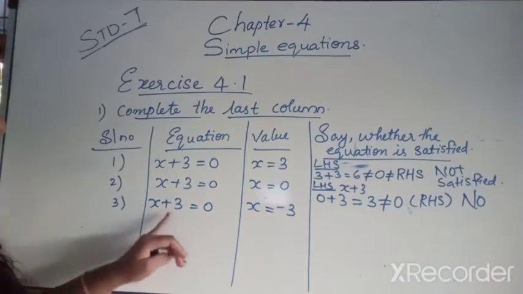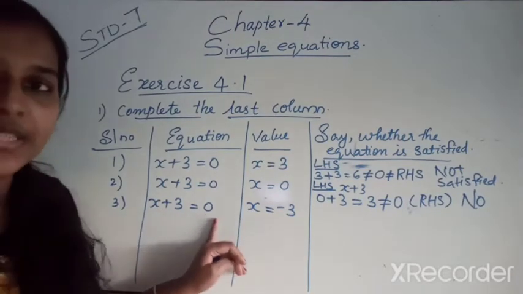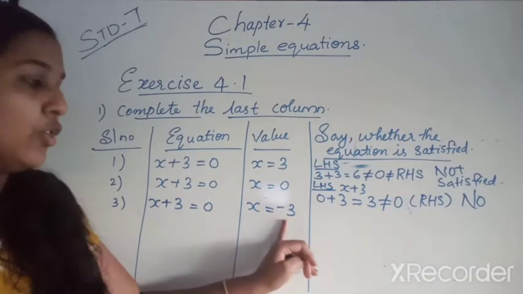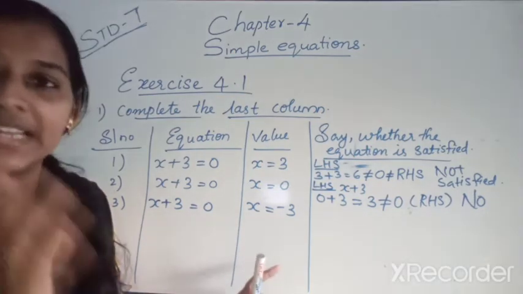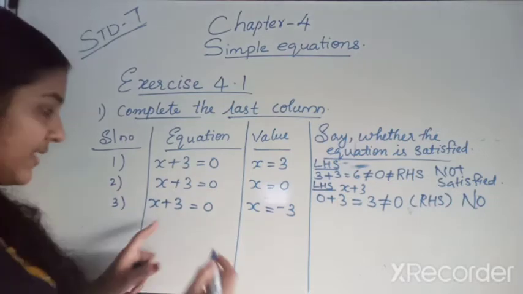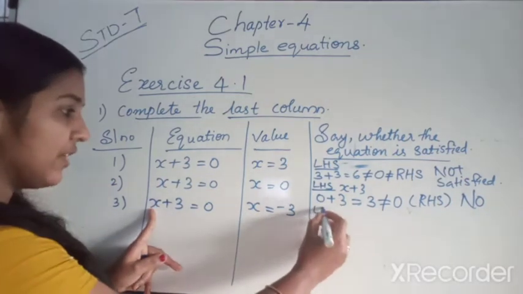The next one is x plus 3 is equal to 0 and x is equal to minus 3. Here the value of x is minus 3, or negative 3, is given. So let's check, children. Write the LHS of the given equation.